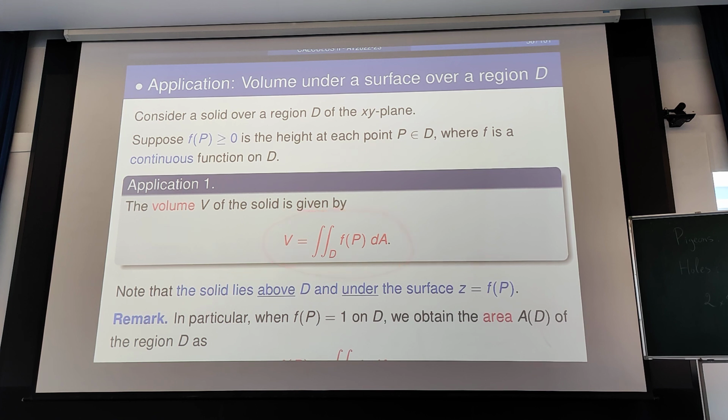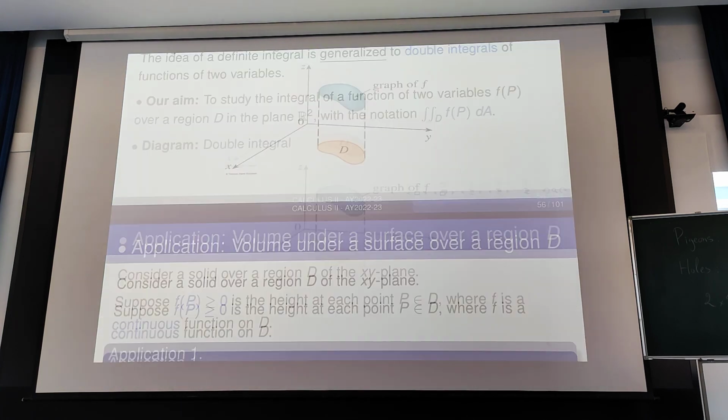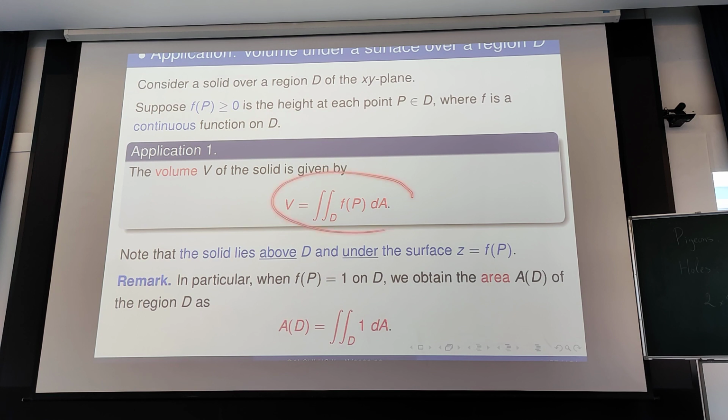As you can see here, we consider a solid over a region D of the xy plane. What I show you, this one, and this double integral gives you this volume. And it is denoted by this notation.